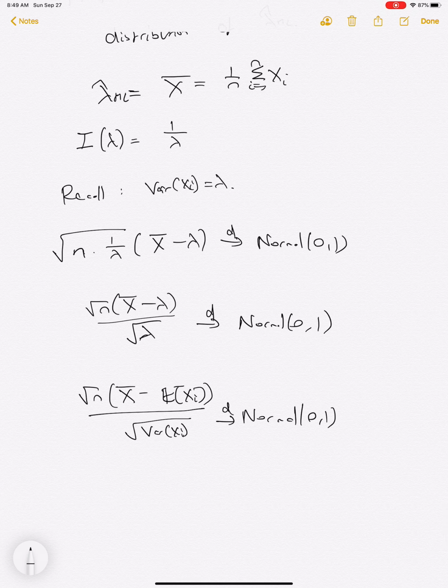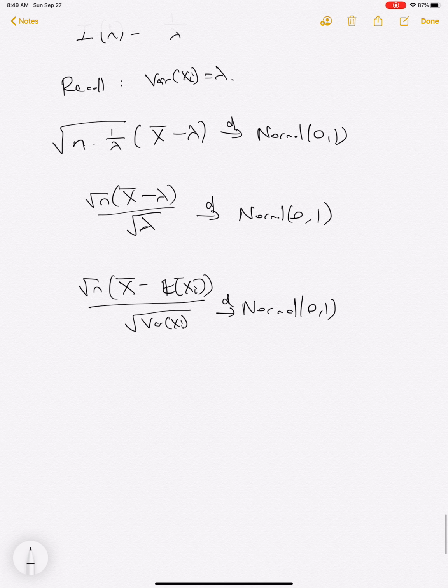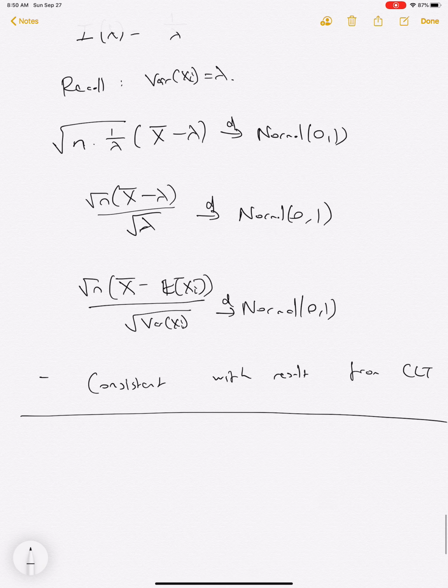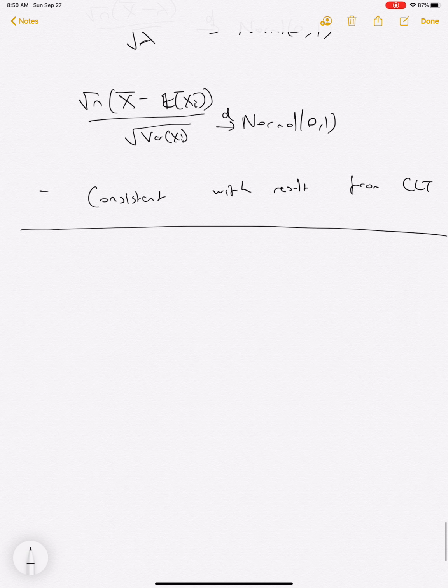So the maximum likelihood result doesn't give us anything new, but I wanted to show it to you so it confirms what we already know. So this is consistent with the result from the CLT. So let's do another example, which we already know the answer to and we've seen before.